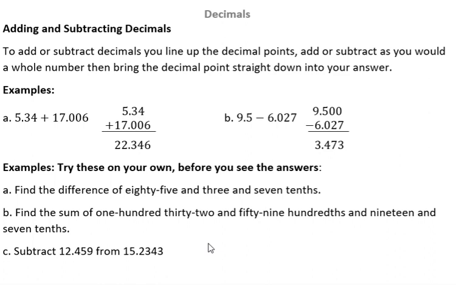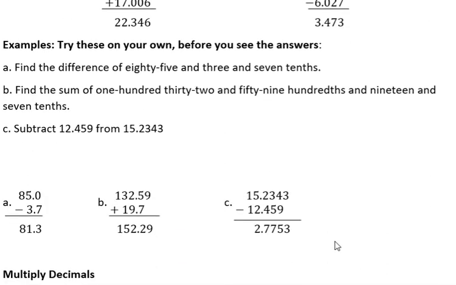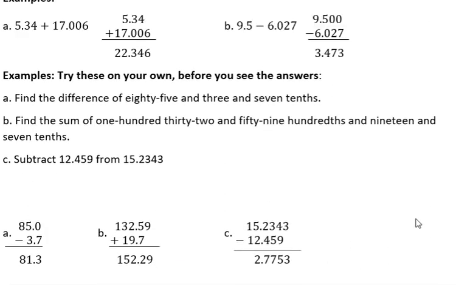And finally, subtract 12 and 459 thousandths from 15 and 2,343 10 thousandths. Which one goes first there? Well, you're subtracting the 12 from the 15, so your 15 should have gone first. So let's see if you wrote those down correctly and then see how you did with the answers.